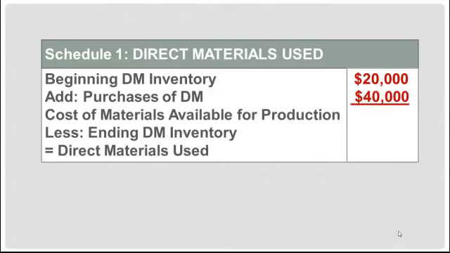Purchases of direct material $40,000. This means that we had $60,000 of materials available for use in production. But since we know that there were $25,000 worth of materials inventory in the storeroom at the end of the period, we must have only used $35,000 of direct materials.